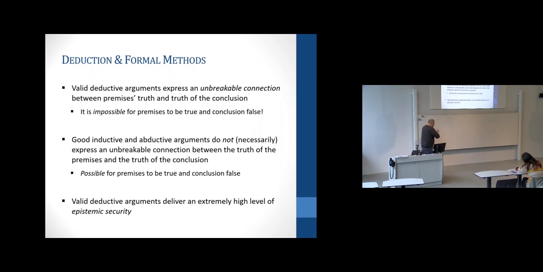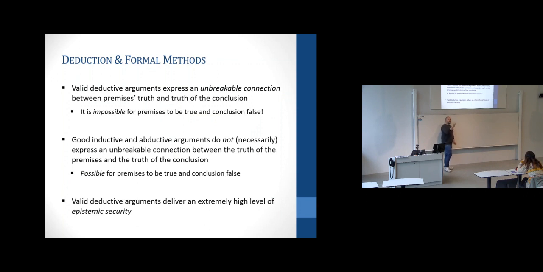Now, one really important thing is that deductive arguments are kind of peak. What they're aiming for is validity. Valid deductive arguments express what we'll call an unbreakable connection between the premises' truth and the conclusion's truth. If the argument's valid, then the truth of the premises guarantees the truth of the conclusion. That's just what it is to be valid. In contrast, strong or good inductive and abductive arguments don't have that much of a guarantee.